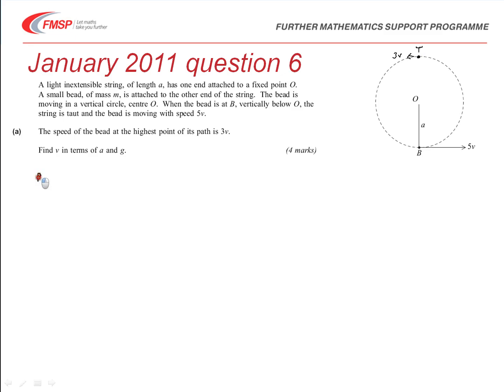So if we start with B, initially we can take the GPE, the gravitational potential energy, to be 0 at that level. And the kinetic energy we know is a half the mass times the speed squared, which will give you a half m, and in this case the speed is 5v, so that needs to be squared.